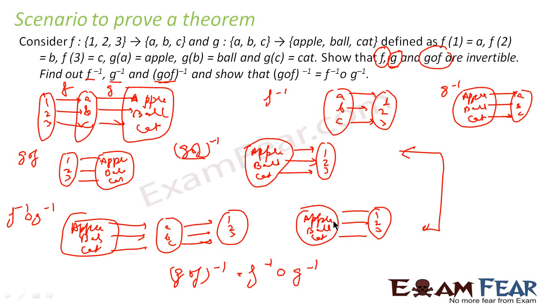Both are the same. Correct? So what we have done here: we have this function f, we have this function g, we found f inverse, we found g inverse, we also found g o f, and then we found (g o f) inverse. Then we were asked to prove f inverse of g inverse, we got this. This should be equal to (g o f) inverse, and we saw that both are the same.